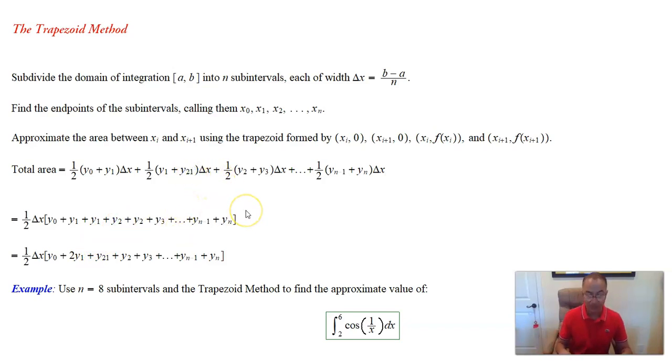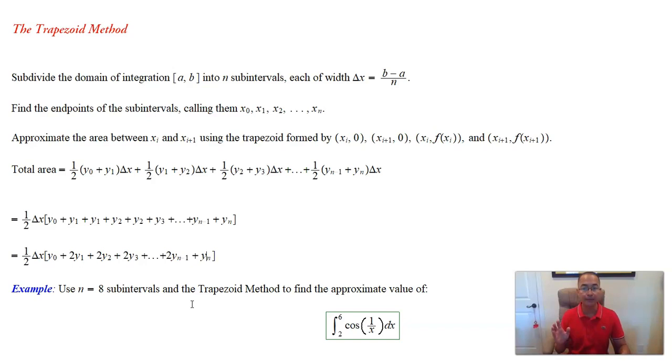Little typo. It's hard to see. So there will be 2 y2s as well, and then 2 y3s as well. And we keep going. There will be 2 yn minus 1, but only 1 yn, because the last trapezoid's right edge is yn. It does not have a partner.